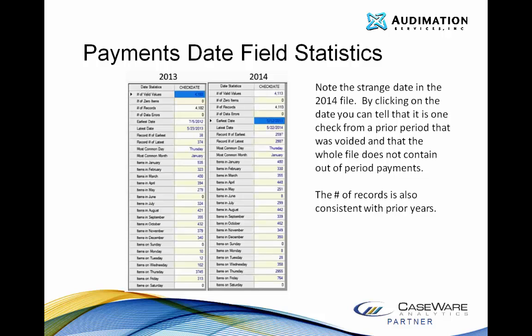This is an example of a comparison of two different payments date data fields, and it compares the 2013 data to the 2014. We're in the process of doing the interim part of our school district external audits, where we look at the internal controls and do a lot of our risk assessment work.